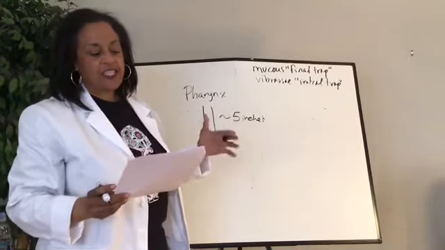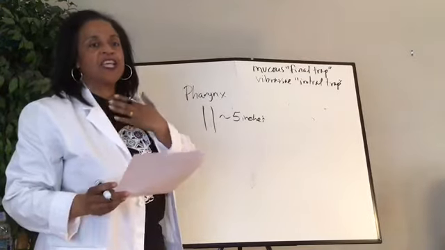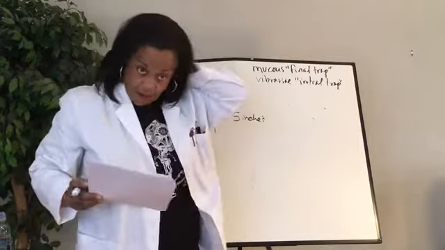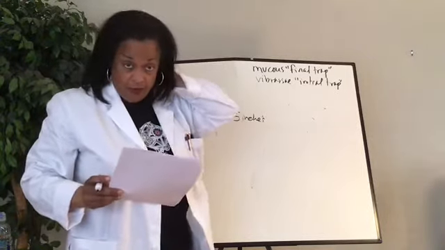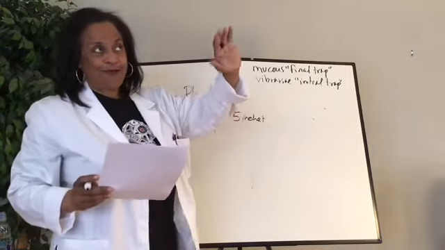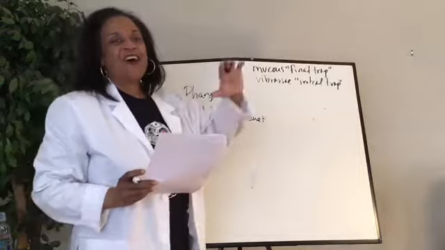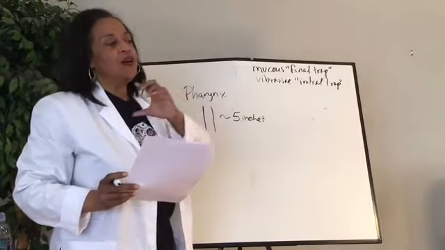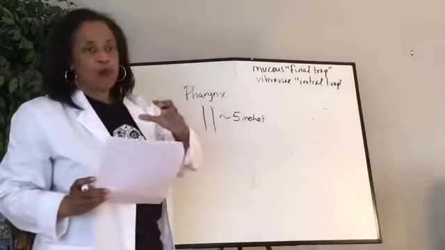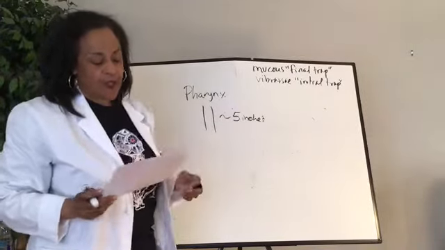And it lies just anterior, so it's in front of the cervical vertebrae. Remember where your cervical vertebrae are? C1 through C7, right here in the neck. So the pharynx, or the throat, is just in front of that, anterior to it.